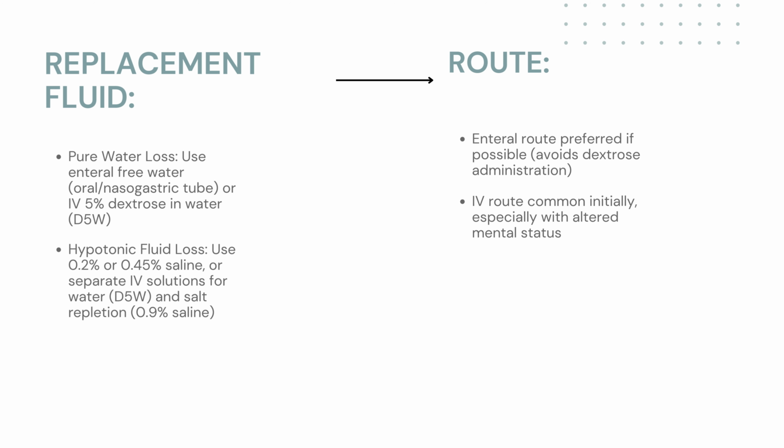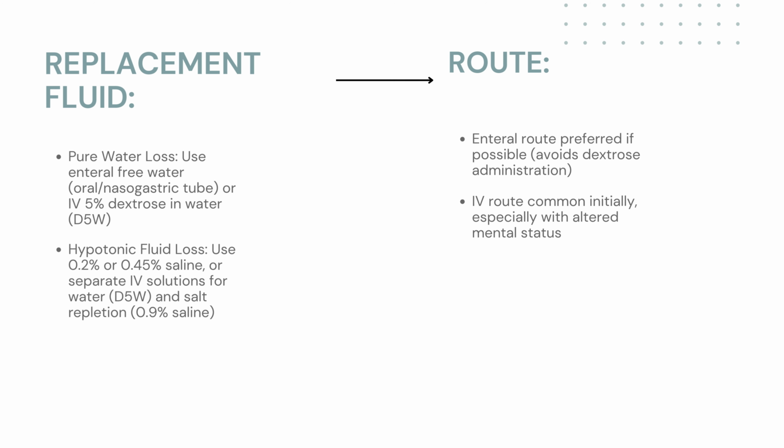For hypotonic fluid loss, we can use 0.2% or 0.45%, or half normal saline, or separate IV solutions for water and salt repletion with 0.9% saline. After determination of the replacement fluid, we can think about the route. Enteral route is preferred over IV route. IV route is common initially, especially with altered mental status or if the patient cannot drink the water safely.